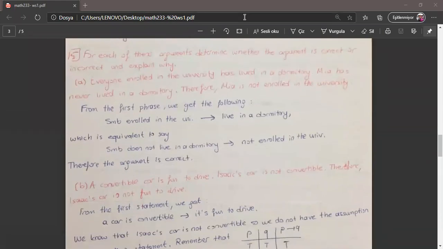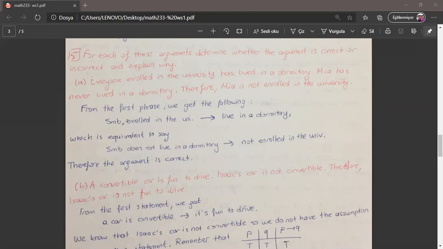Okay, now what do we do here? For each argument, we'll check if it's correct or incorrect, okay? So what does this say? It says if somebody is enrolled in the university, then he or she should live in a dormitory, okay?